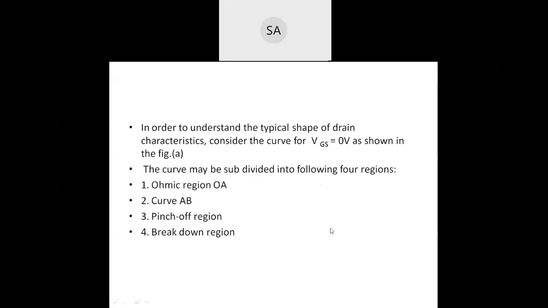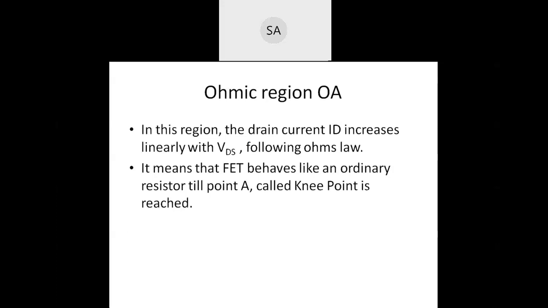In order to understand the typical shape of drain characteristics, consider the curve for VGS equal to 0 as shown in figure A. The curve may be subdivided into the following 4 regions: ohmic region 0 to A, curve AB, pinch-off region, and breakdown region. First, the ohmic region. In this region, the drain current ID increases linearly with VDS following Ohm's law.